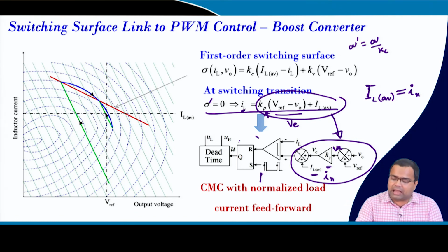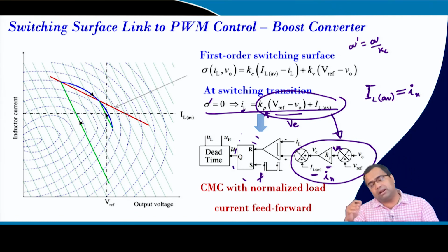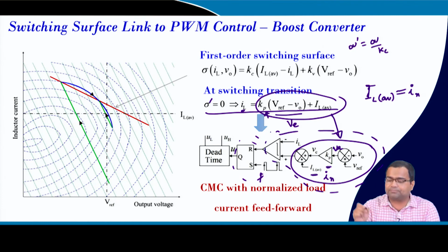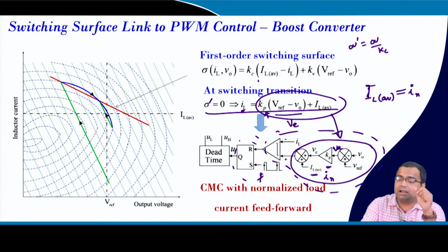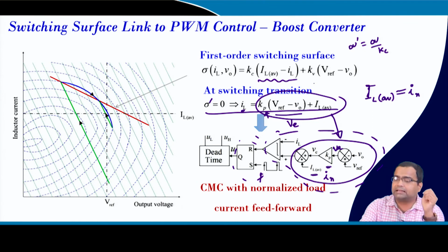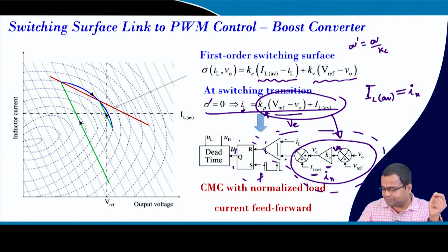So, here I have used a pulse width modulator, but you can also use a constant on time hysteresis modulator, a hysteresis control technique, but the logic is this, up to this part is vital. So, this is a normalized load current feed forward, where this normalization factor acts something similar to a derivative action, and this is like a proportional control.